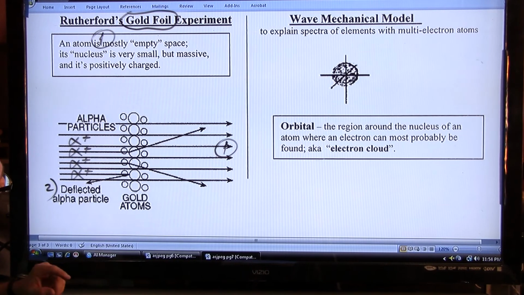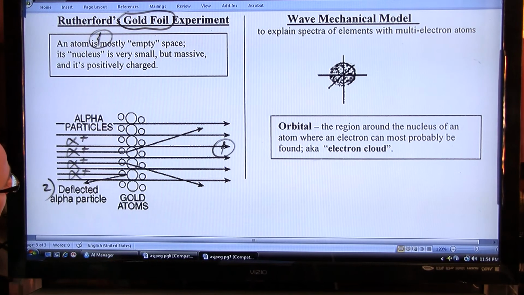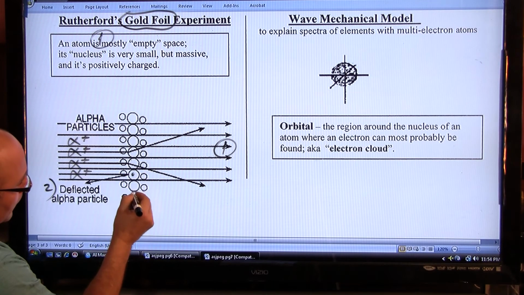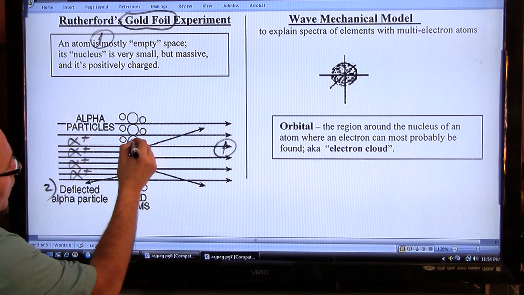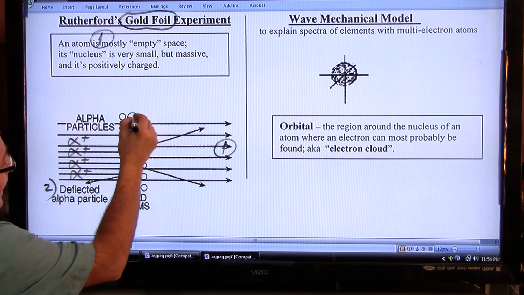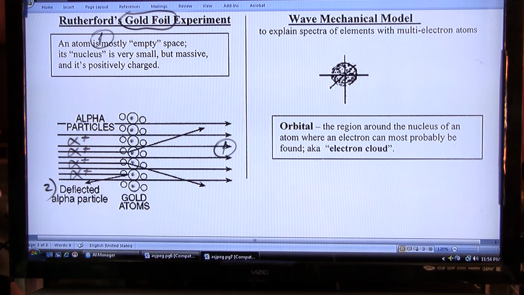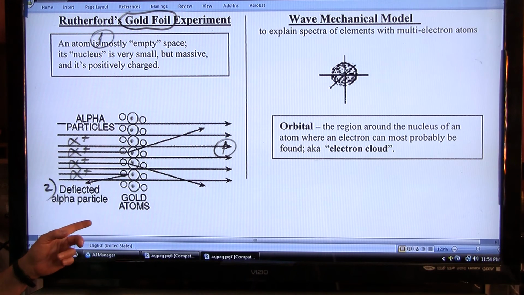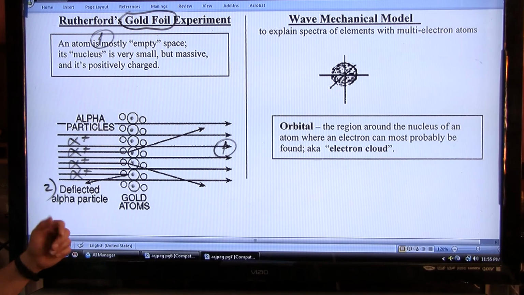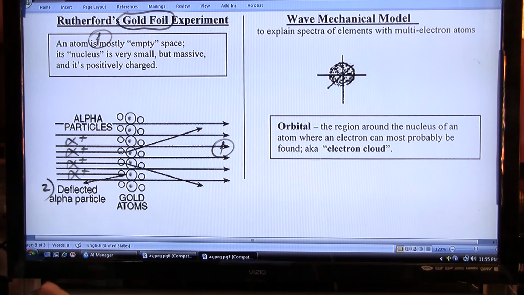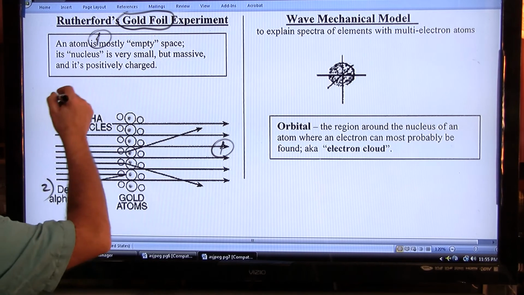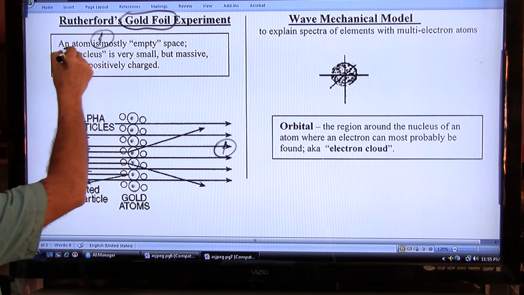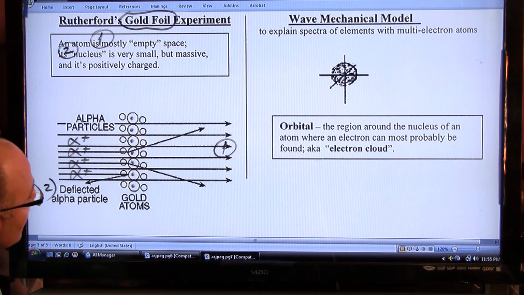What he proposed was that, yes, an atom is mostly empty space, but every once in a while, the alpha particle struck a small, a tiny, but massive center, which he called the nucleus, and he took that term from biology. All right, so most of the, or all of the mass, because electrons are negligible, of an atom is central in the nucleus, and that's again where we find the protons and the neutrons. So the nucleus is very small, but massive. That would be conclusion number two.